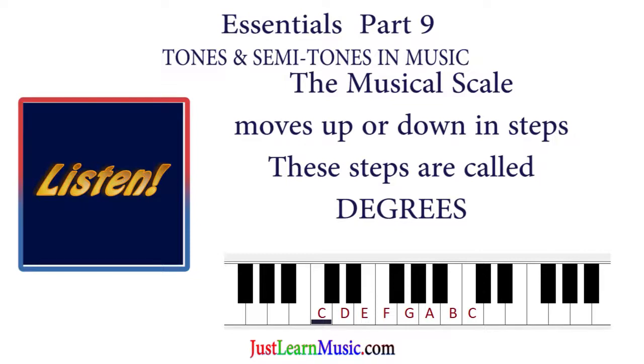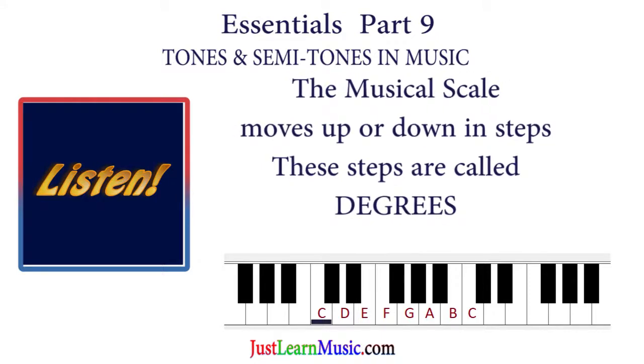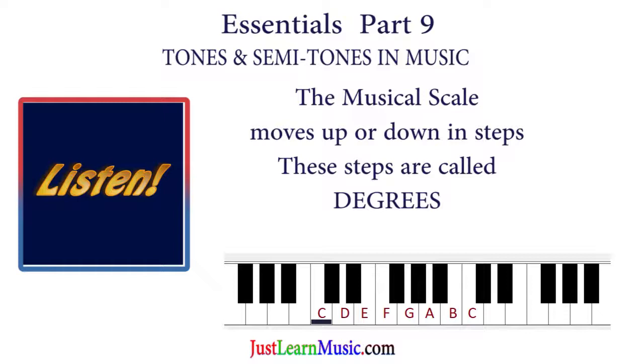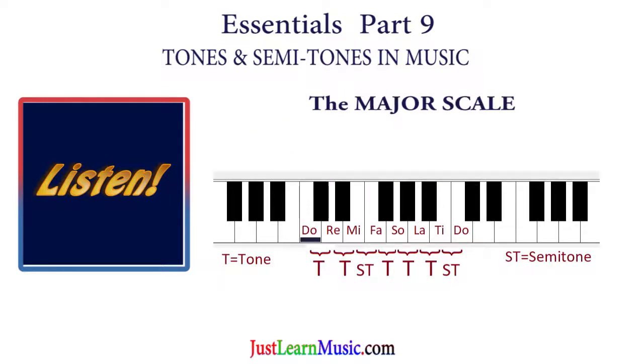The musical scale normally tends to move up or down in steps. Every step is called a degree. These steps can be half steps or semitones, or whole steps, tones. The major scale has got a certain pattern of tones and semitones.